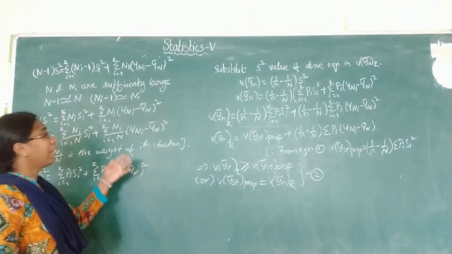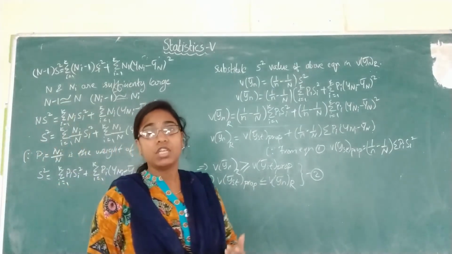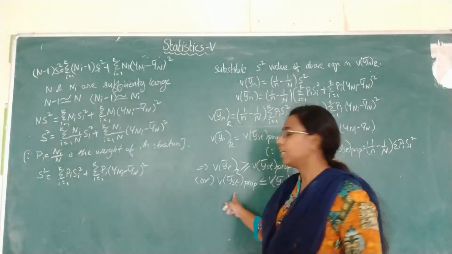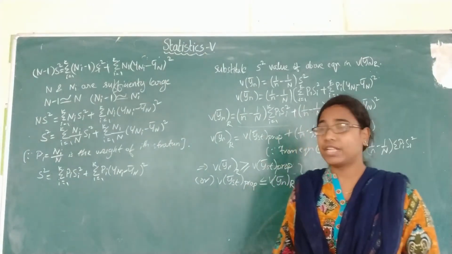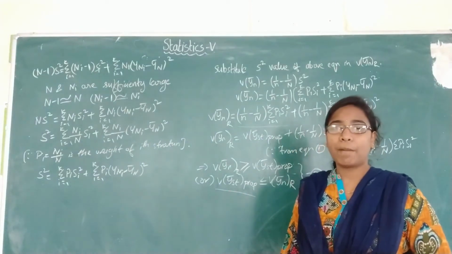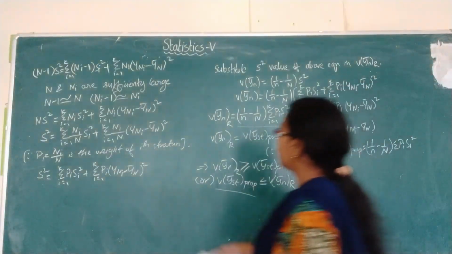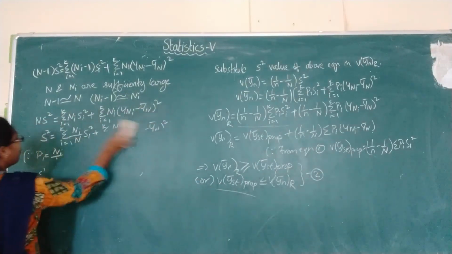Now we have compared the simple random sampling with the proportional allocation, and we got that proportional allocation has the lesser variance. Now we are going to compare this proportional allocation with the optimum allocation.